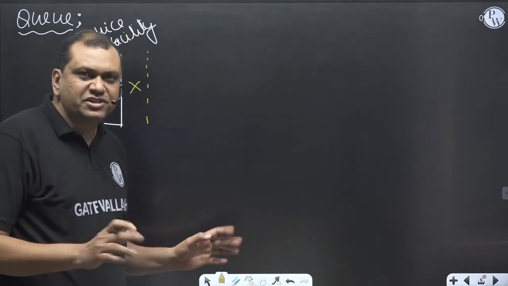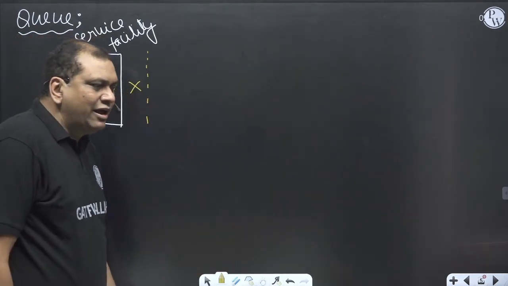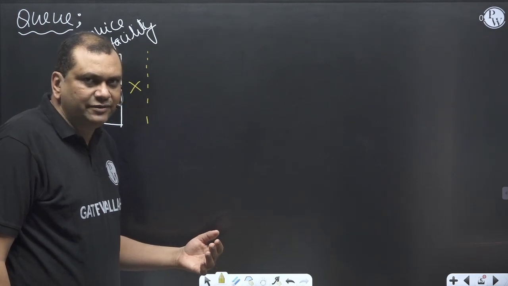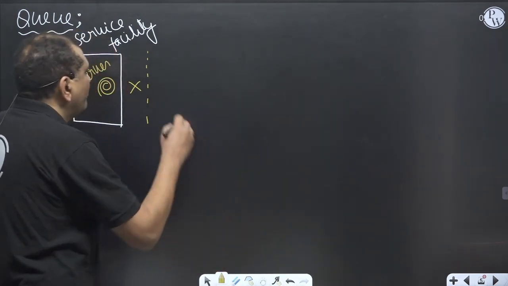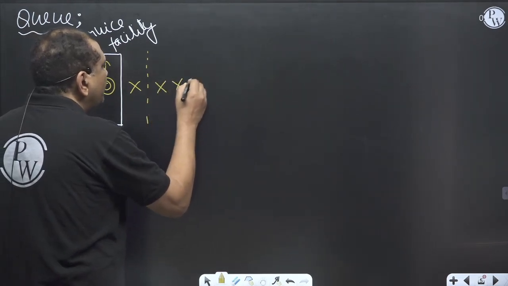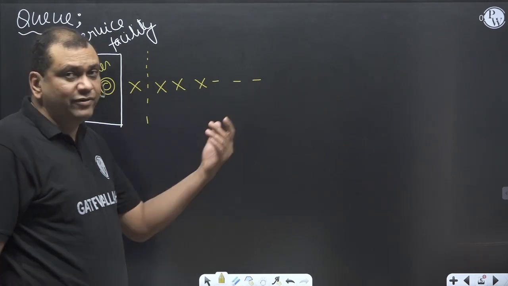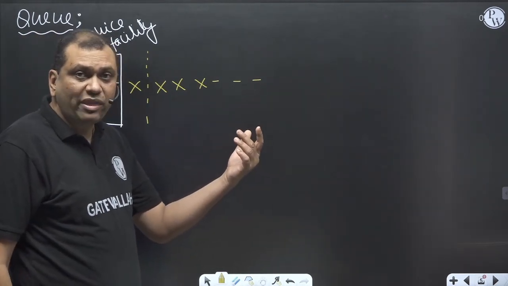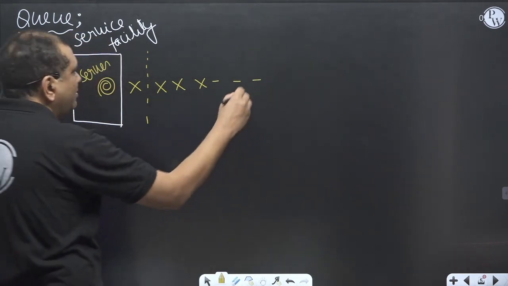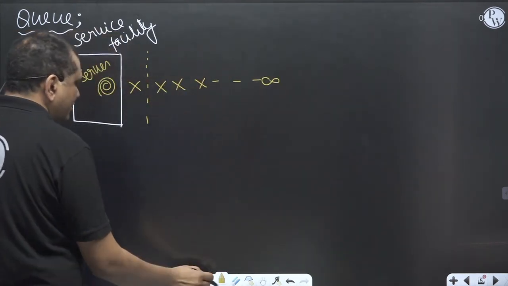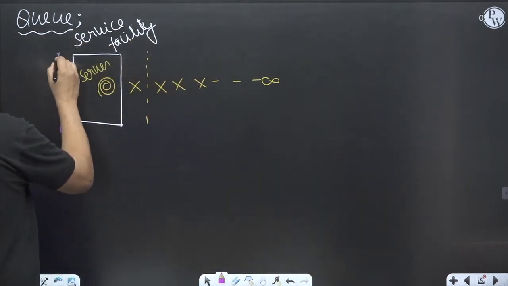Some kind of discussion is happening between the teller and the customer. By the time more customers come, they will form a queue. And this queue can be extended to infinity.